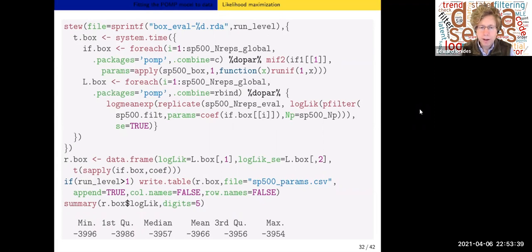The lowest was -3996. That's really not so competitive, but at least half the searches were within 3 log units of the maximum. So it seems like there's a fair consensus that there are many points getting close to the maximum and we can't do much better. And sometimes the searches fail because it's a complex likelihood surface, reasonably high dimensional, and we're doing a Monte Carlo search.